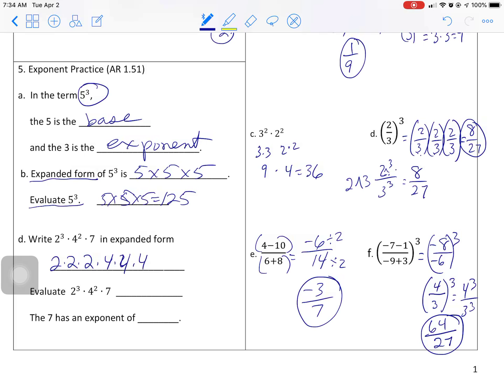Oops, hang on. Evaluating it is what? This is 8 times 16 times 7, which is 896. The 7 appears to not have an exponent, but remember, if you don't see something, it's a 1.